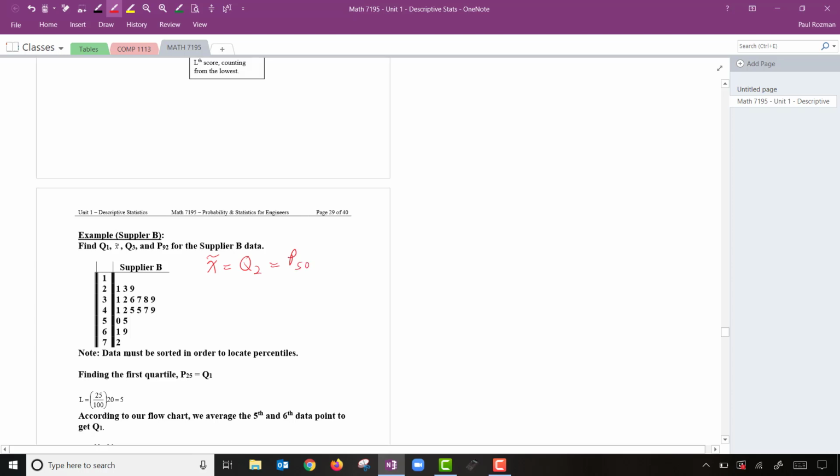Remember, we had 20 values, so we went halfway through the list, which was between the 10th and 11th spot. Where are the 10th and 11th spots? We go 1, 2, 3, 4, 5, 6, 7, 8, 9, 10, and 11. And remember, we had 41.5 for that.